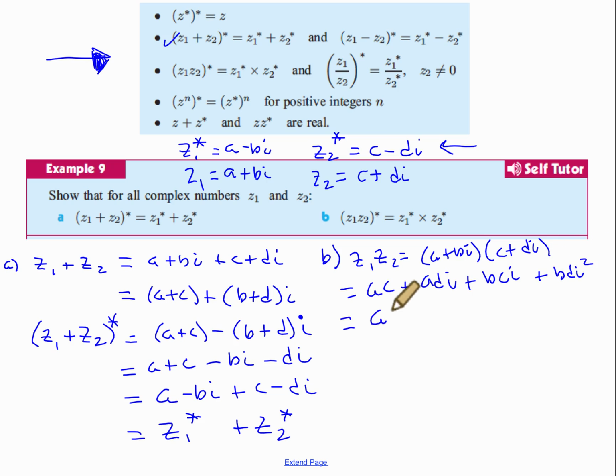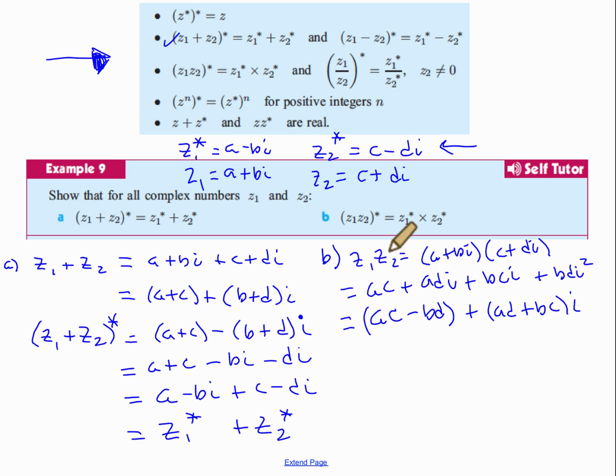And let's clean it up. That's going to be ac. And by cleaning it up, I mean we're going to gather our real and our imaginary parts. And we're going to skip a couple steps here. So remember, i squared is -1. So the real part of the complex number would be a times c minus bd. Because again, i squared is -1. Plus, factor out the i, and we have ad plus bc times i.